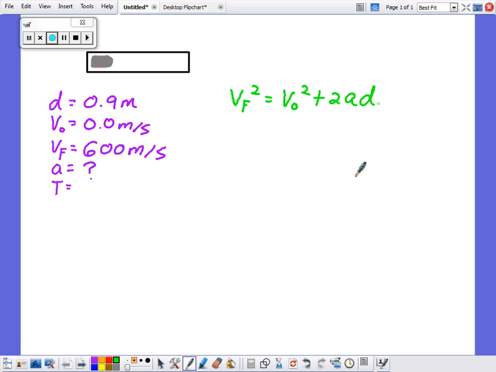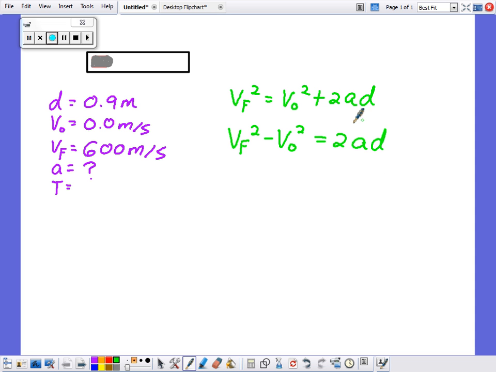Now we need to rearrange this equation for a because it is not isolated by itself. So to do that, the first thing we want to do is subtract out any terms that do not have a in it. In this case, the v naught squared. So when I subtract that to the other side, I get vf squared minus v naught squared equals 2ad.